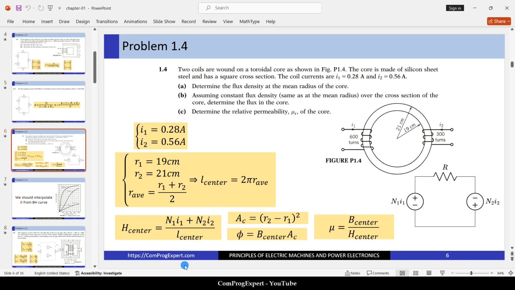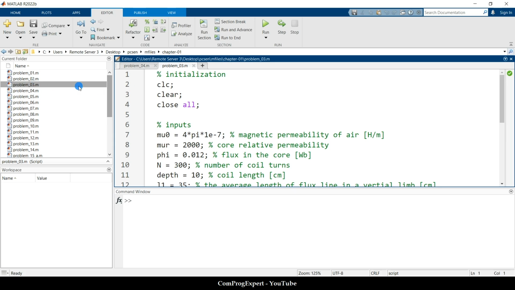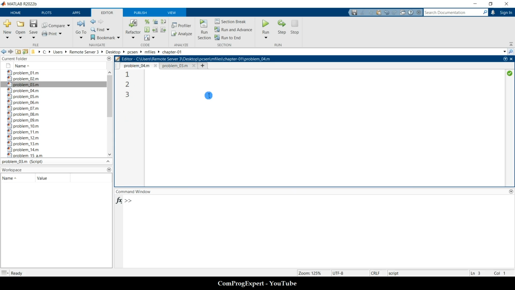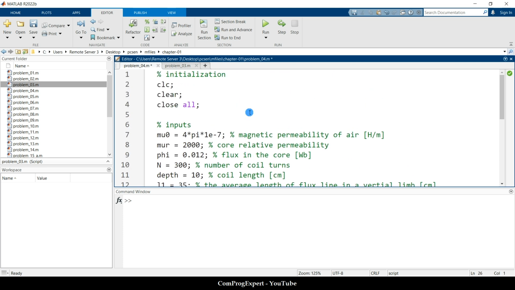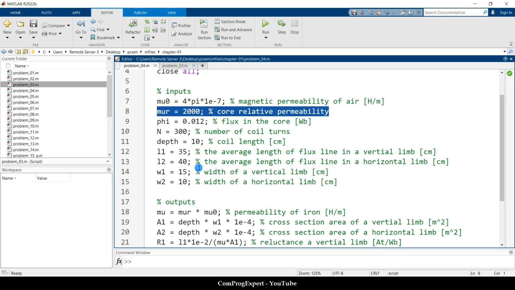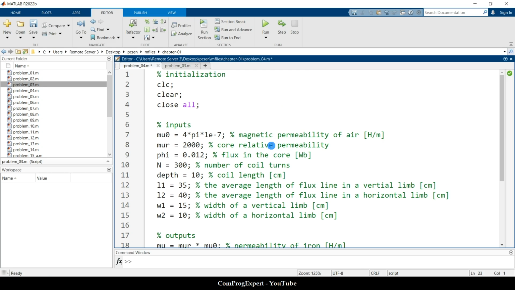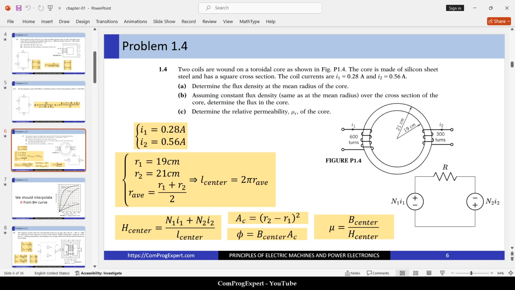So let's calculate quantities in MATLAB first, and then we use the ANSYS Maxwell software. So here, let me copy the code and paste it for problem number 4. We can edit the parameters. So the value of I1 is given. This is the current of coil 1, 0.28.